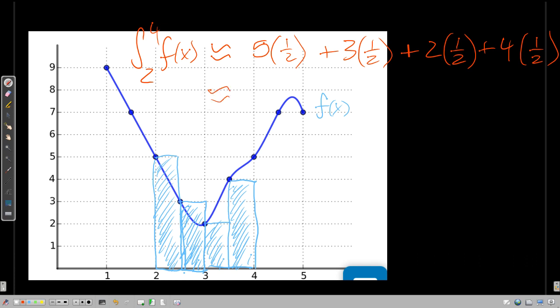But they all have the same width of 1/2, so that can be factored out.